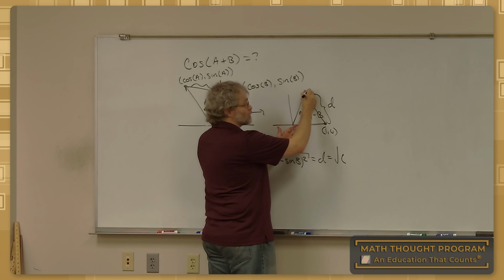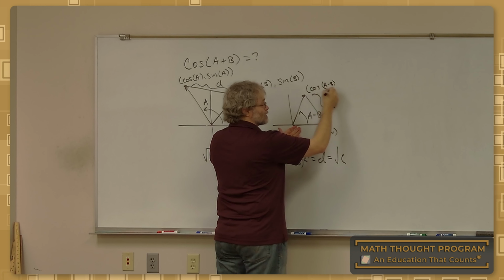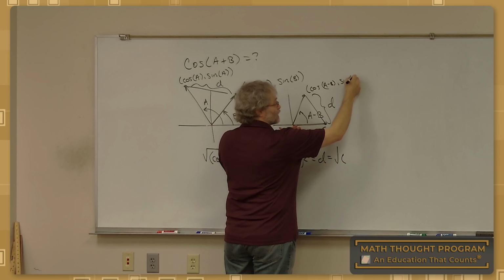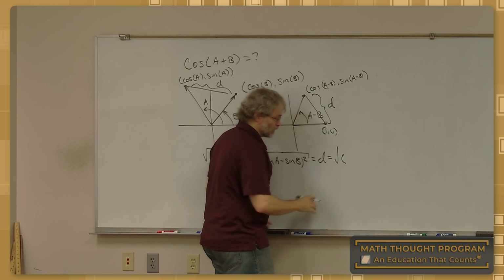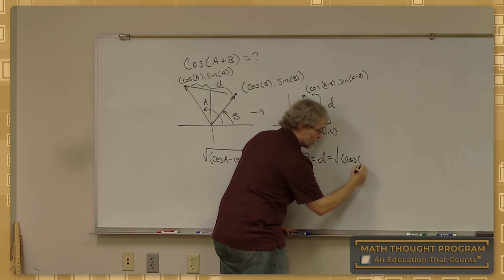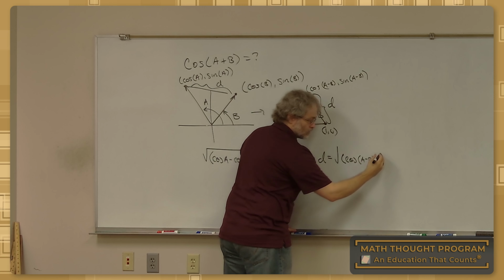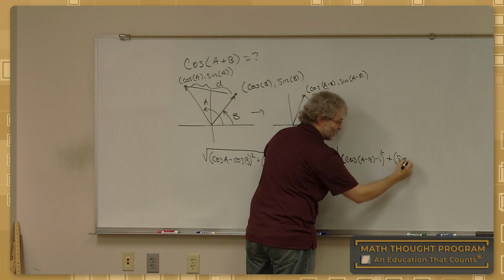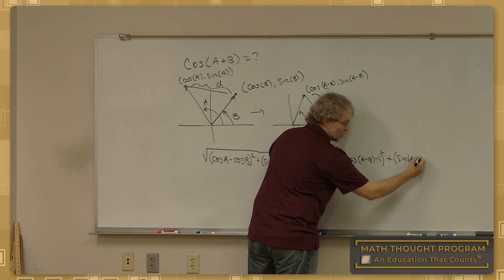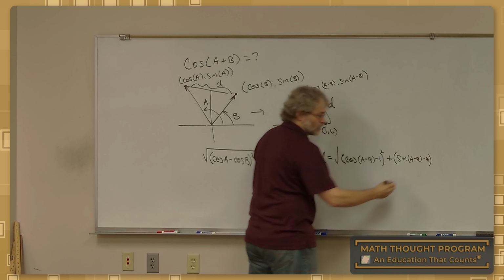This point corresponds to cosine of A minus B and sine of A minus B. So taking the distance formula, we'll have cosine of A minus B, subtracted off 1, quantity squared, added to sine of A minus B, subtracted off 0, because y is 0, all squared.